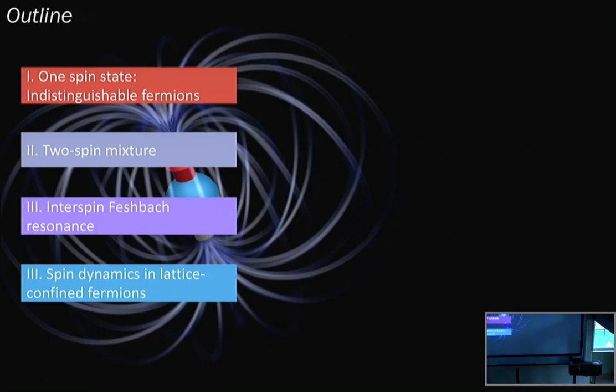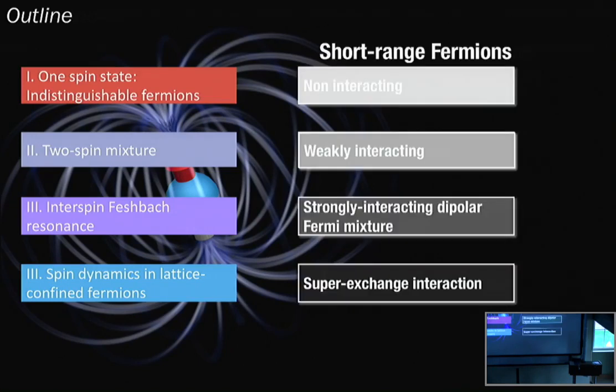In this type of outline, there is also a natural chain of order in terms of interaction. If you think about short-range fermions, let's say alkali fermions, lithium, potassium, in one spin state the system is non-interacting, okay? Because of the Wigner threshold law, for a short-range potential, collisions occur in odd partial waves, so the elastic cross-section goes to 0.